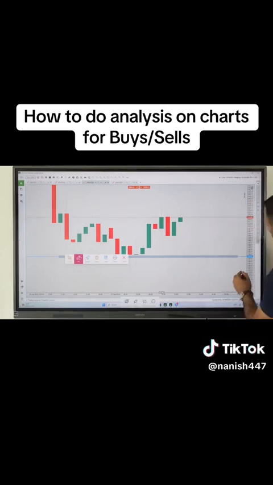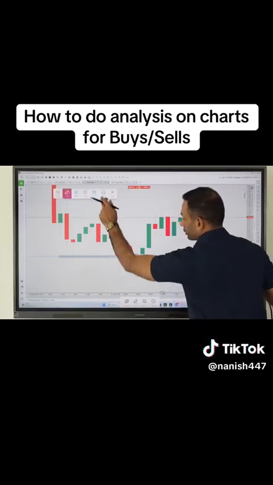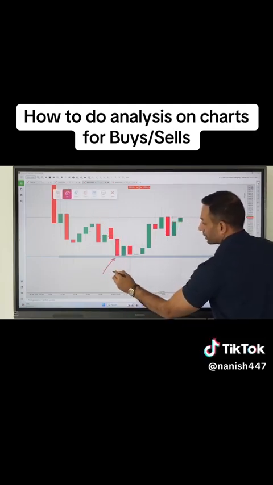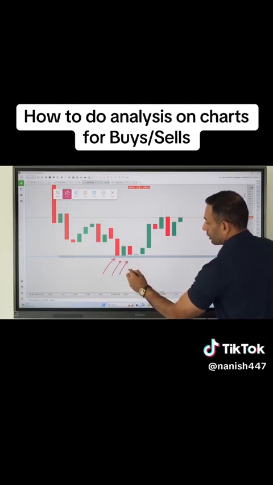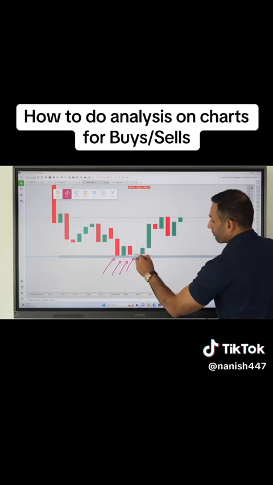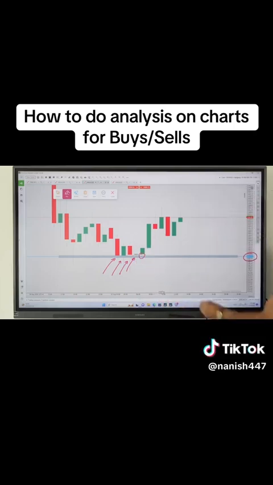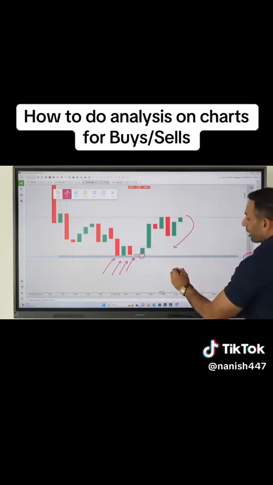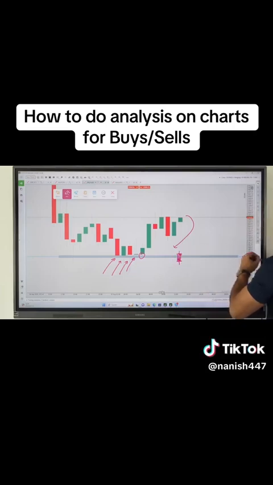If we're looking at the price right over here, 2383.50, we can see that one candle rejected this, 2, 3, 4, and then the fifth candle continued to push up.